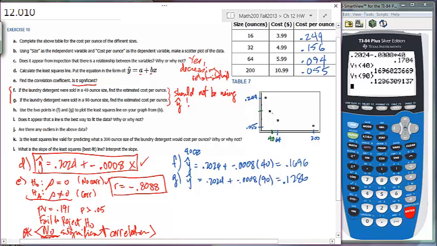So 0.1696 would be a little bit higher than that.